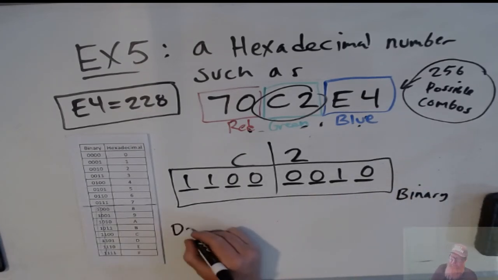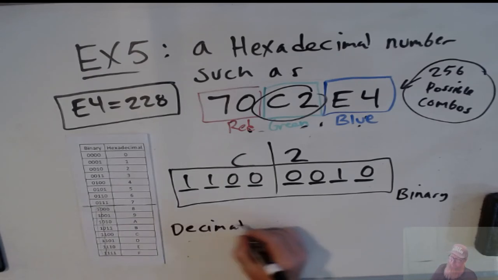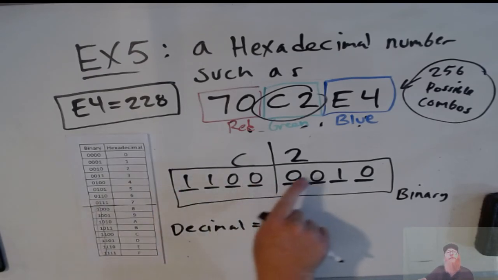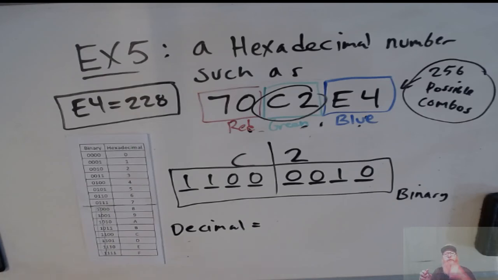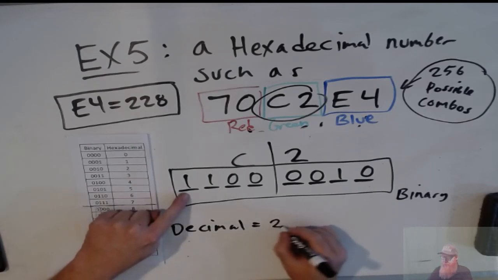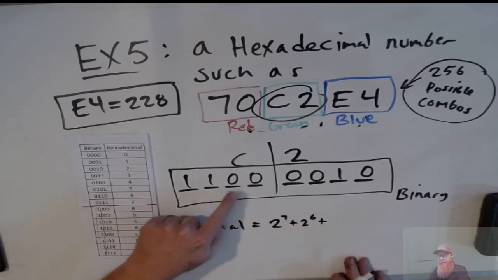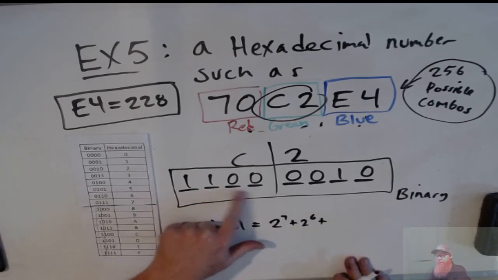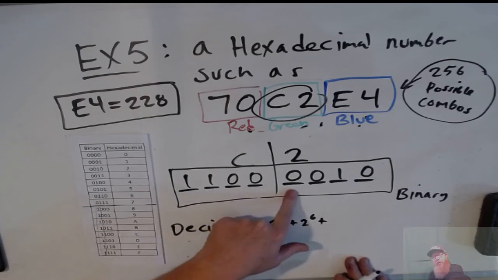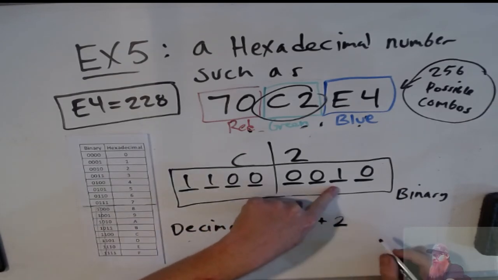To convert it to decimal, each of the ones represents a power of 2. So we have 2 to the 7th plus 2 to the 6th. There is no 2 to the 5th, no 2 to the 4th, no 2 to the 3rd, no 2 to the 2nd. And then there's 1 2 to the 1st.